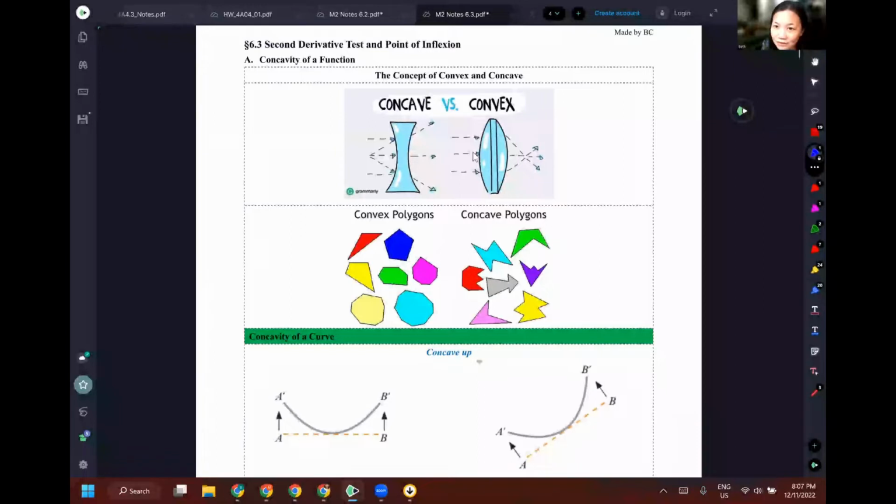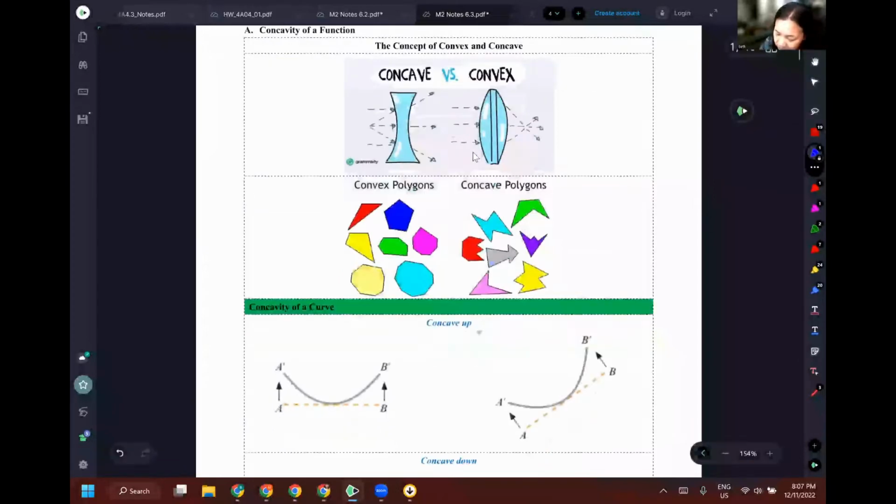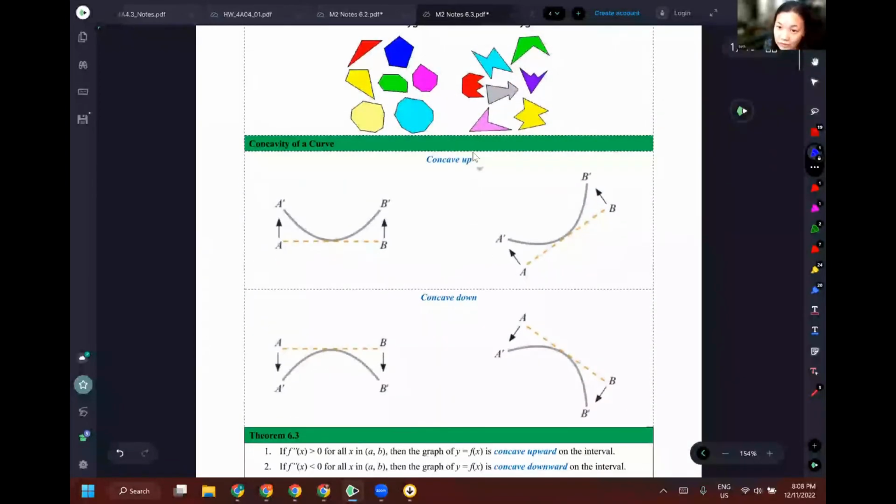So how do we define the concavity of a curve? You have to jump out of the concept of convex and concave and try to understand a whole new thing. In the textbook, it's shown the two examples.